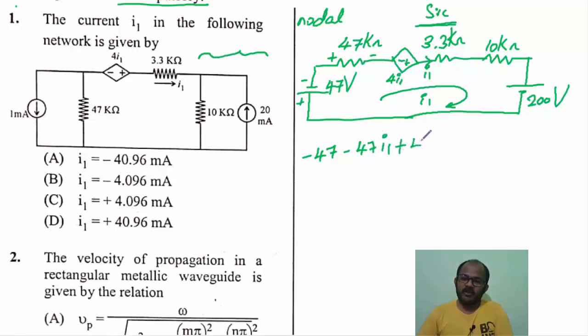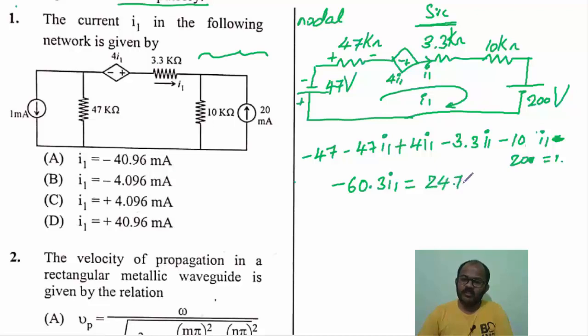So plus 4 times I1 minus 3.3 into I1 minus 10k multiplied by I1 minus 200, which is equal to 0. So I will get minus 60.3 times I1 equals 47 plus 200, which is 247.